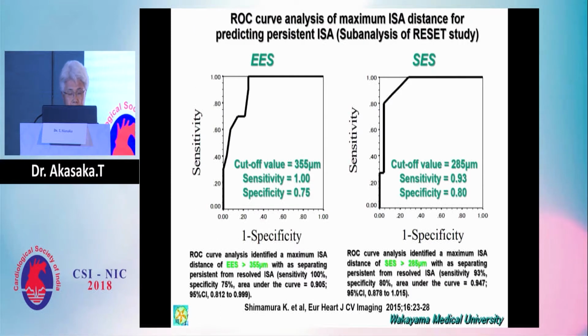In EES studies, if the incomplete stent apposition is more than 350 micron, it still continues even 6 or 8 months after stent deployment. However, if the incomplete stent apposition distance is less than 350 micron, it will disappear. So leave it alone, okay.